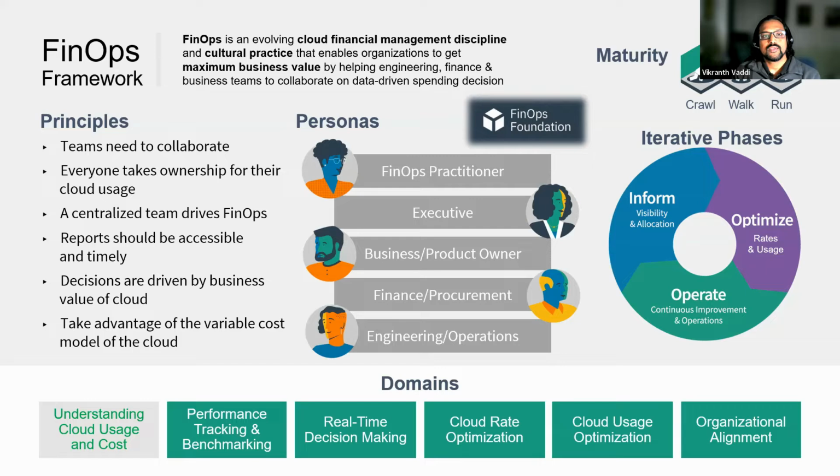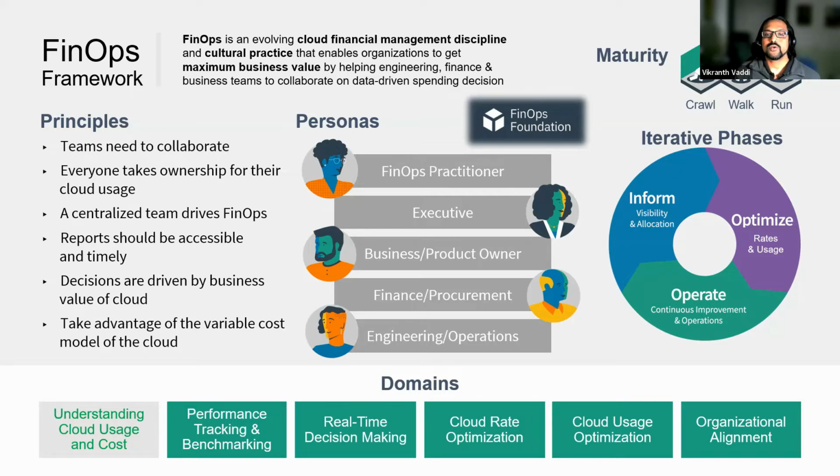And if you see the principles, it's obviously that these teams need to collaborate and talk to each other. Everyone takes ownership for their cloud usage. And as we mentioned, we talked about the centralized team that drives the FinOps. The goal should be that reports can be accessed anytime, and should be available in a timely fashion whenever you need.